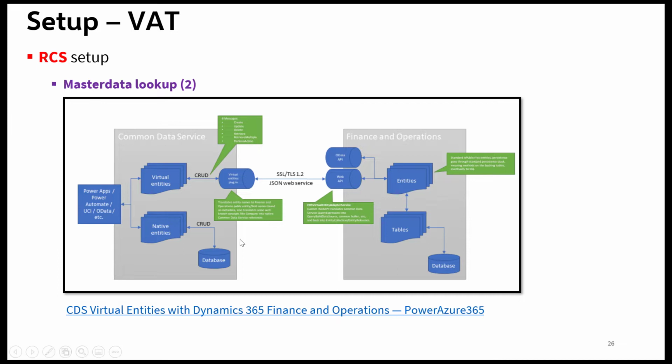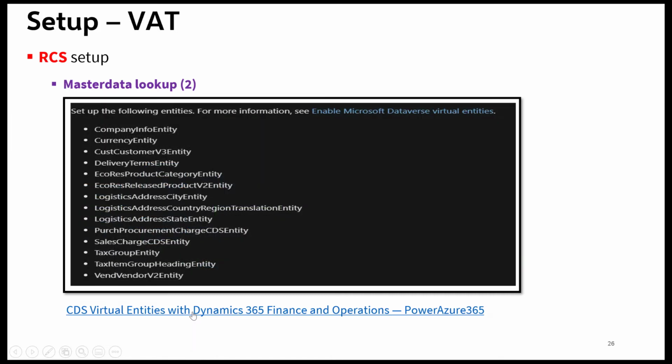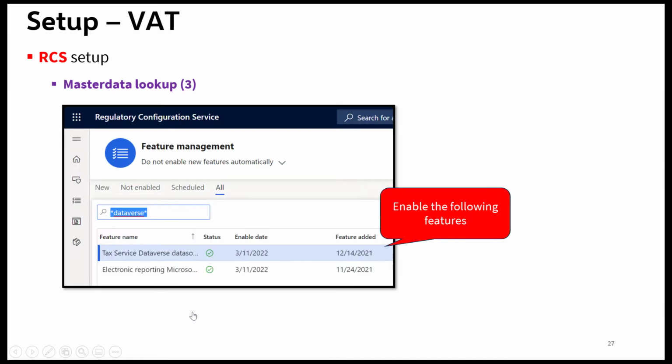There's a blog post here from, I think, Rachel Profit, one of the former MVPs, now working for Microsoft, and she provided a pretty good description of how to configure that. And the minimum virtual entities that you need to set up are listed here. I configured a couple more for other purposes, but this is what you can find on Microsoft Docs.